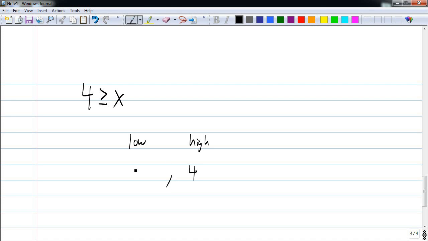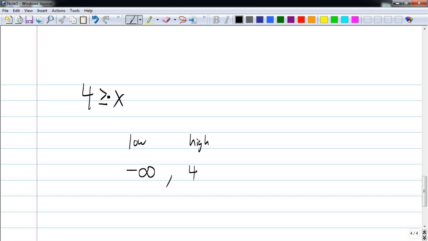And there is no low number. x can be any number so long as 4 is larger, and that includes a ton of numbers. There's a ton of numbers that 4 is larger than.